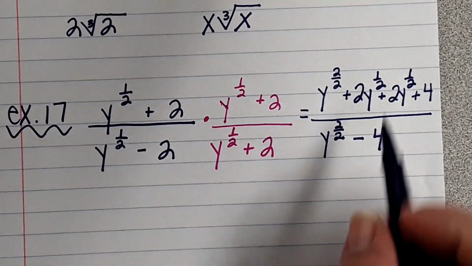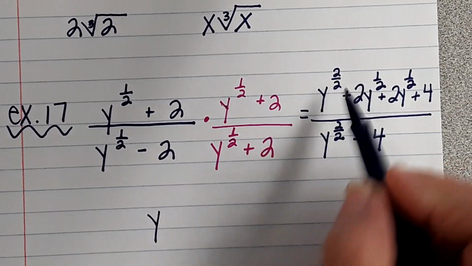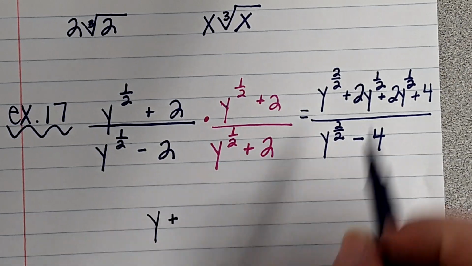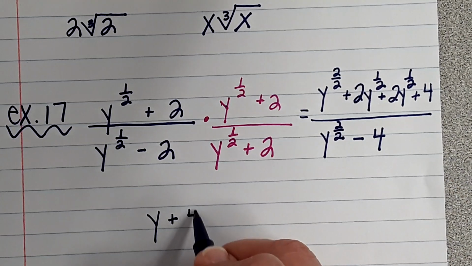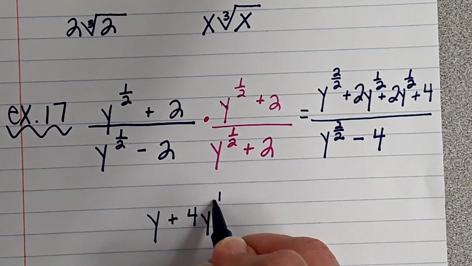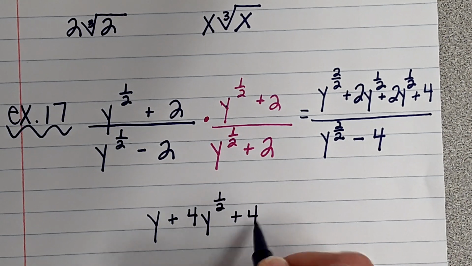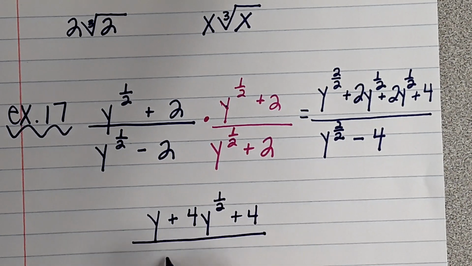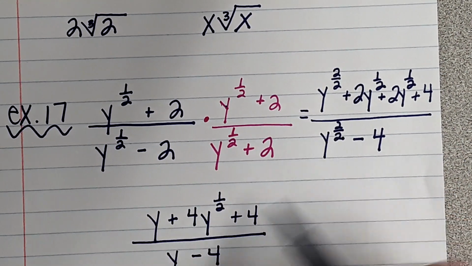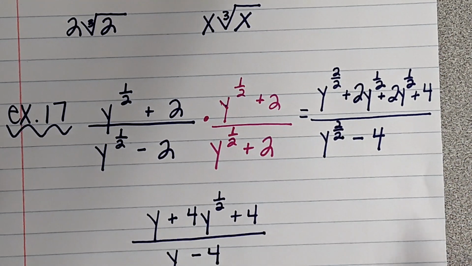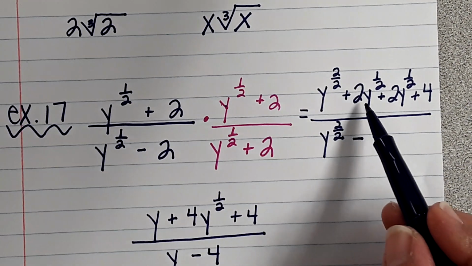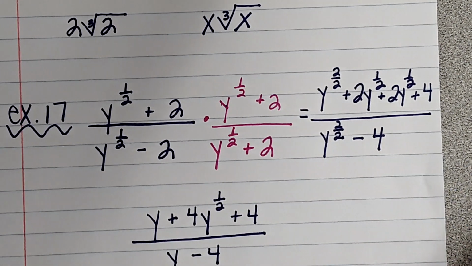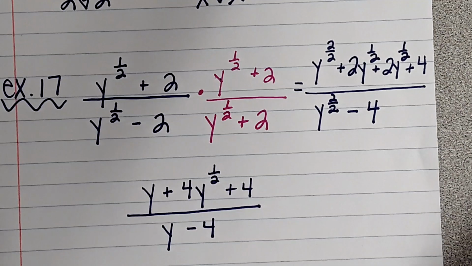This becomes y, because 2 over 2 is 1, minus 4, and the top is y to the 1/2 plus 4 all over y minus 4. Remember, when you add, you don't do anything with exponents.